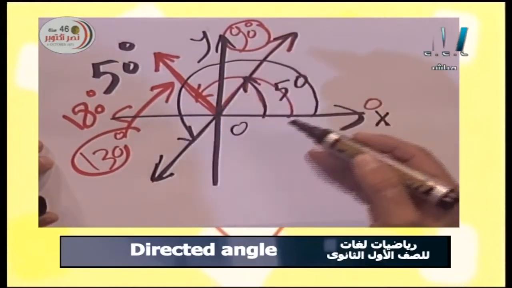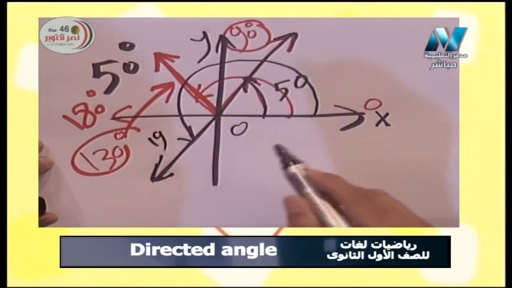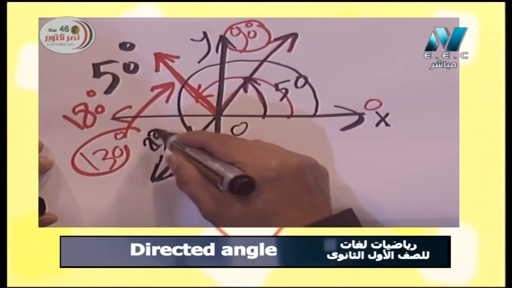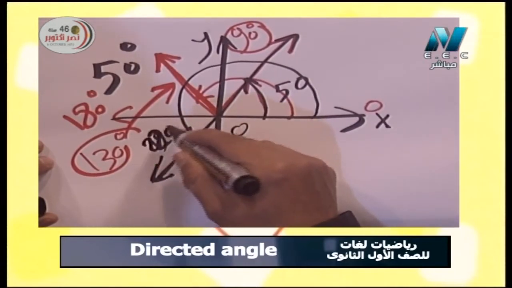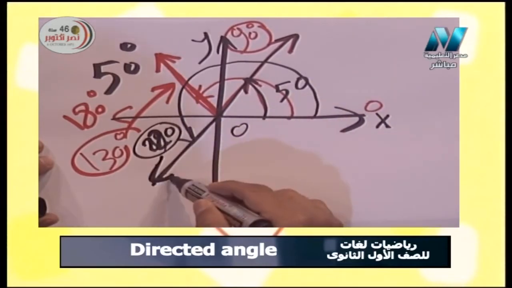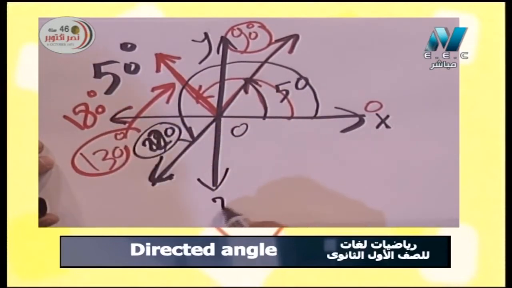So it may be 190 or 220. 220 here lies in the third quadrant, because the third quadrant includes angles between 180 and 270 degrees.